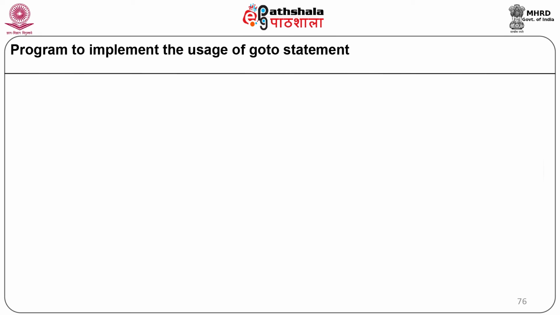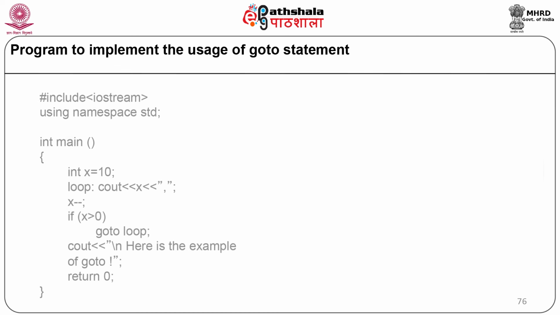Now let us see a simple program to see the usage of the goto statement. #include <iostream>, using namespace std, int main, int x equal to 10, loop colon, cout x, x minus minus. If x is greater than 0, goto loop. cout example of goto, return 0.